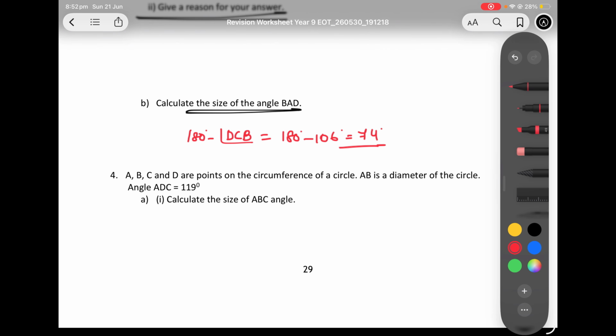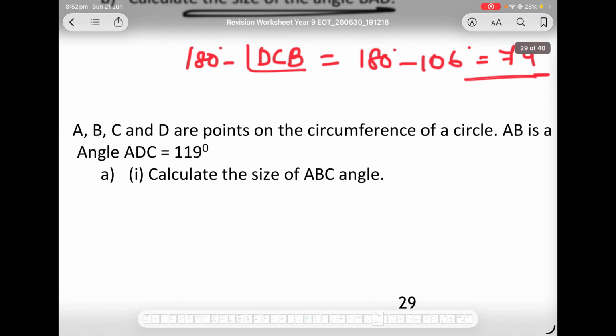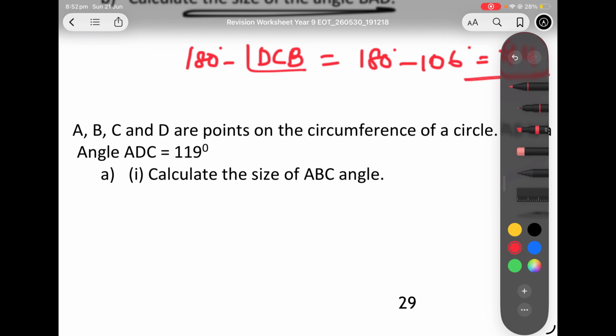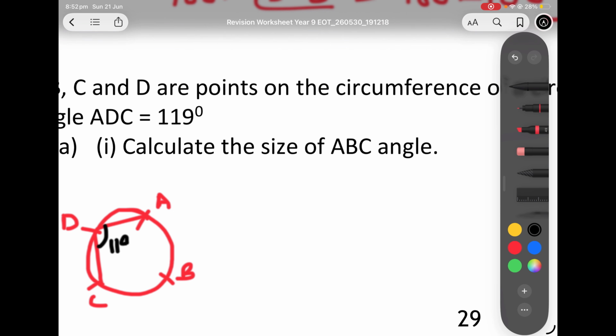Next question. They gave the diagram on the next page, but sometimes if they don't give the diagram, then what did I tell you? I would want you to mark the angles properly. So we have A, B, C, and D. And then they are saying that angle ADC is 119.